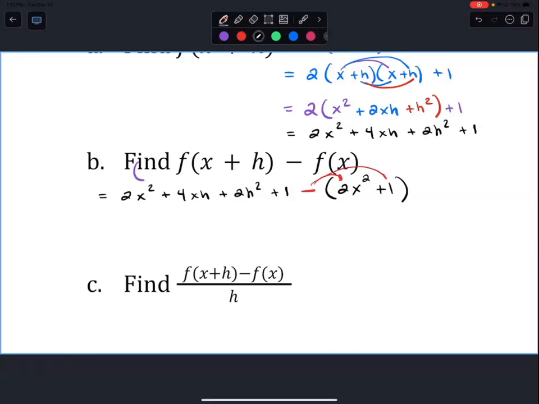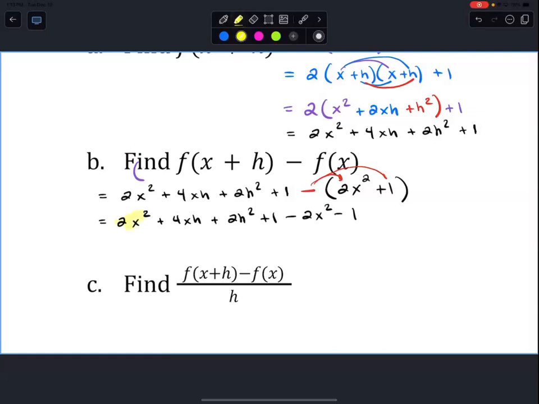So I'm going to rewrite this one more time. So I got 2x squared plus 4xh plus 2h squared plus 1 minus 2x squared and minus 1 when I distribute the negative sign. There should be some like terms now, and there are.